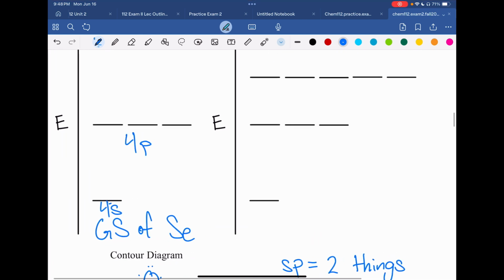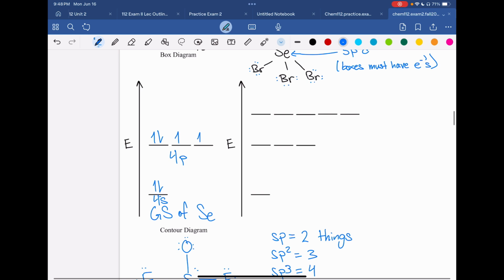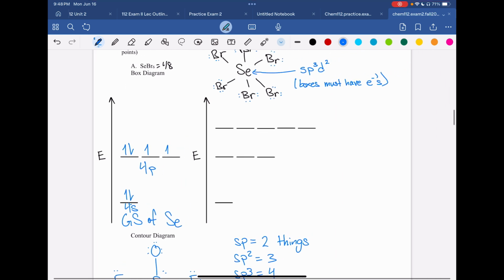Its valence should be in group 6. You should know how to do it.